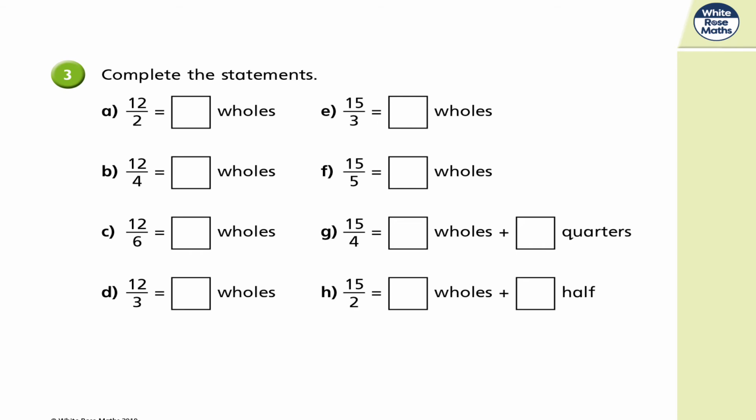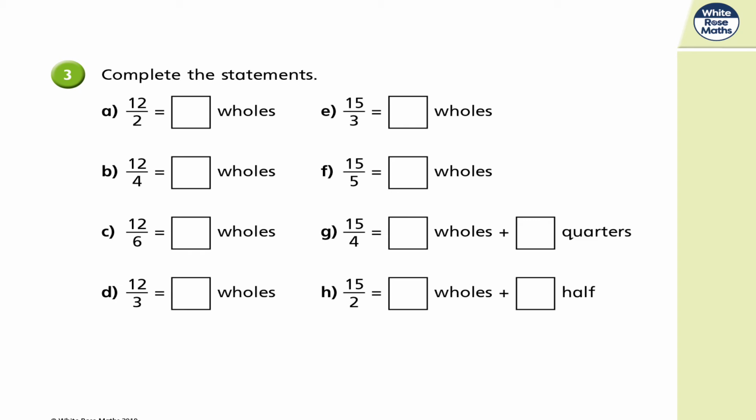Okay then, to complete the statements, you may need to draw these, okay? So I would draw some bars divided into 2. I know it would be divided into 2 because the bottom number of your fraction, the denominator, tells you how many you need to divide your bar into.